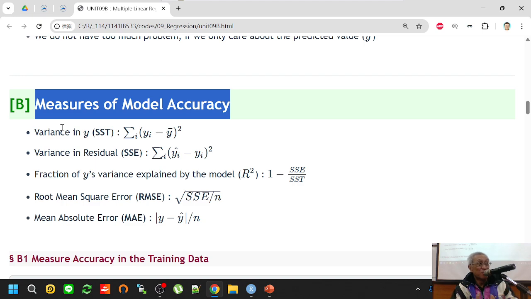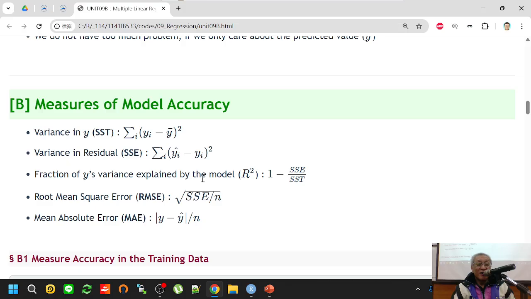Which is a very, very important thing that I want to explain here. When we talk about model accuracy, we are basically talking about the difference between Y and the estimation of Y. There is a thing called variance.